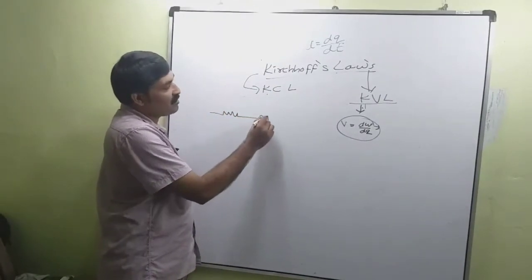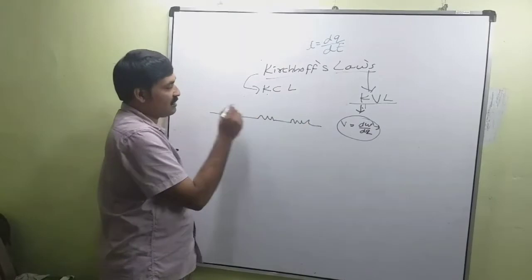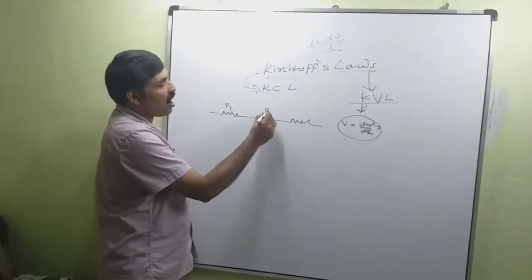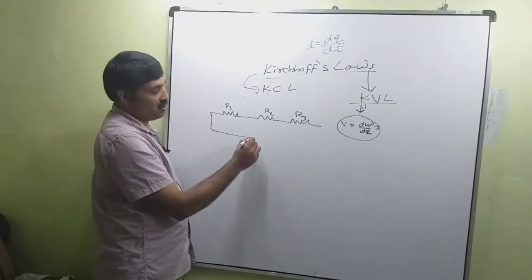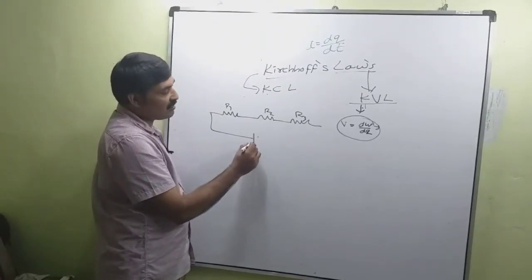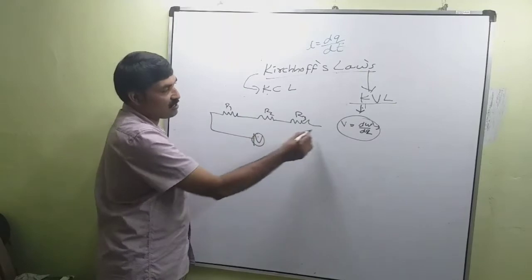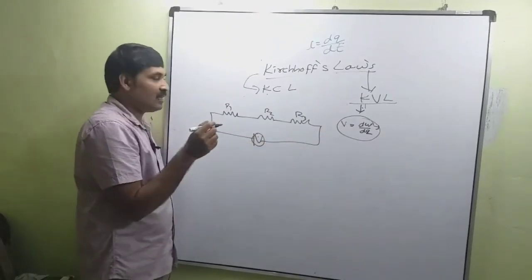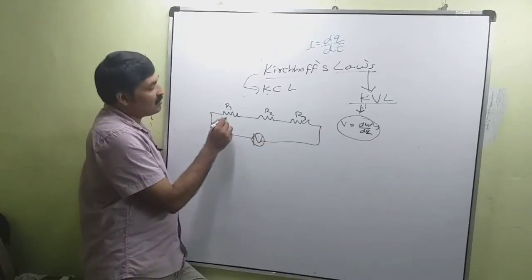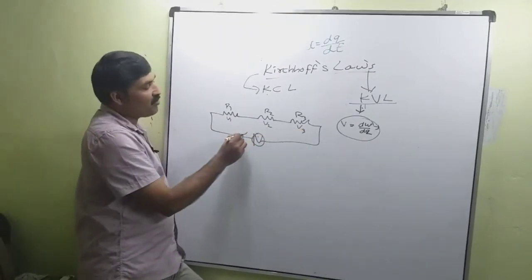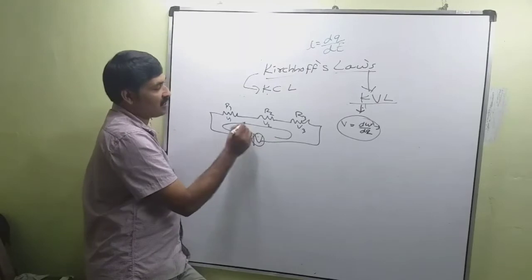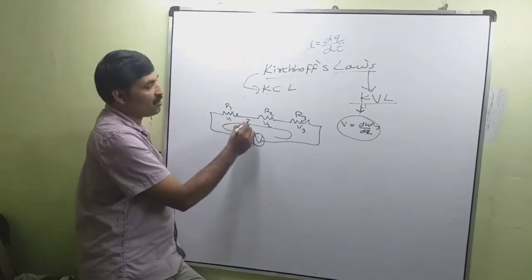Suppose we have three resistances R1, R2 and R3, and a voltage source V is connected. Then these are V1, V2, V3, and we are moving along the direction of current.